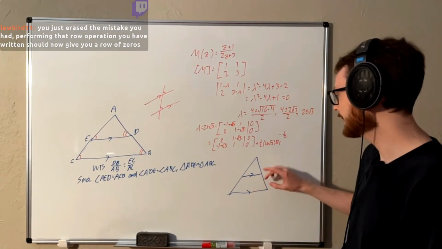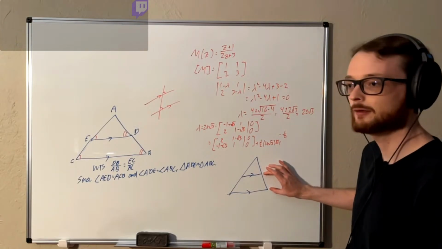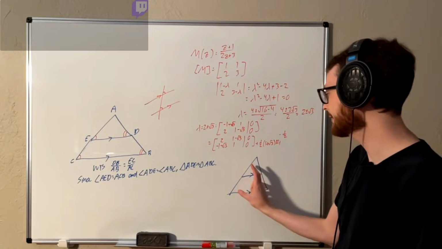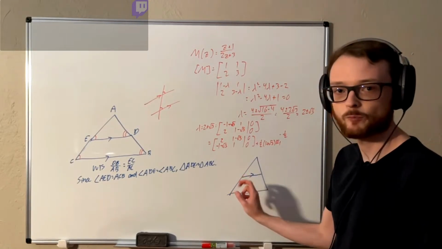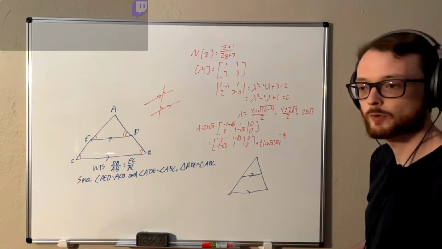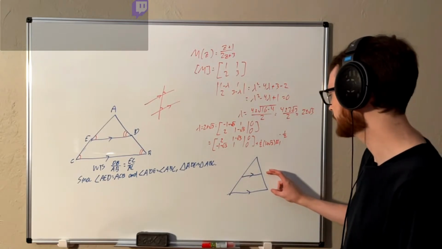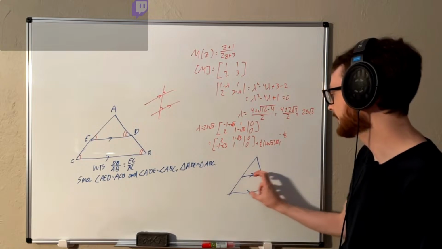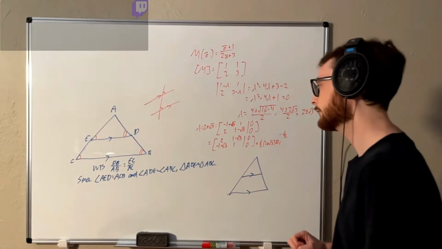So if this line cuts this side in half, it should also have cut this left side in half as well. Same thing if it's 2/3 or 1/3 or whatever proportion you want. It should have cut off an equal percent of each side, is what this is saying.